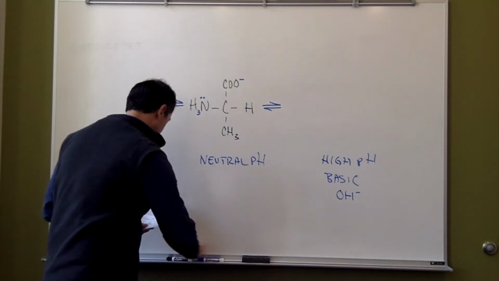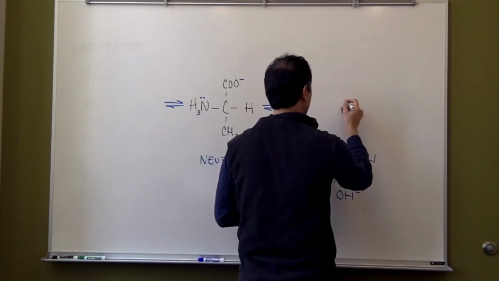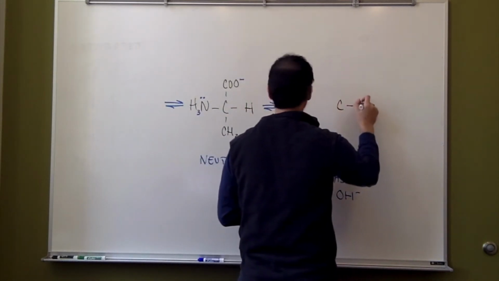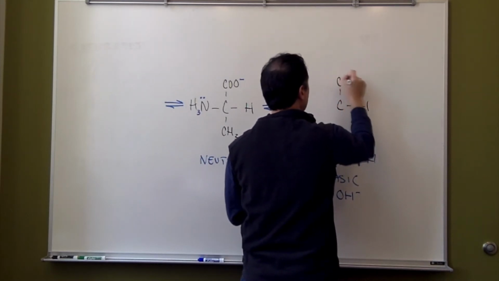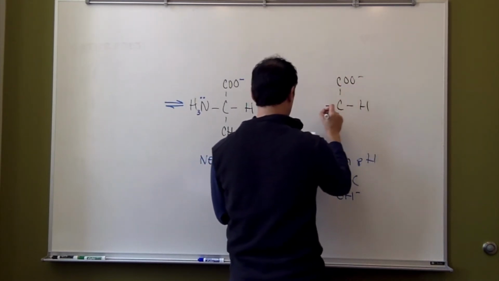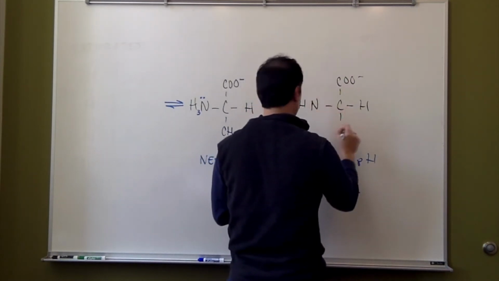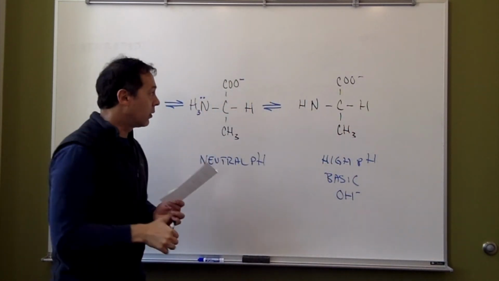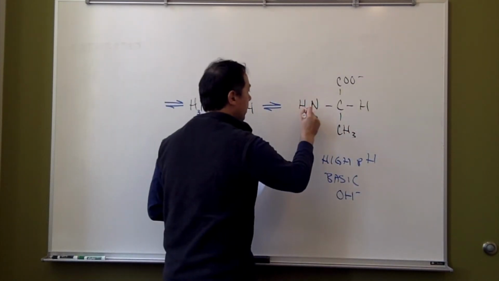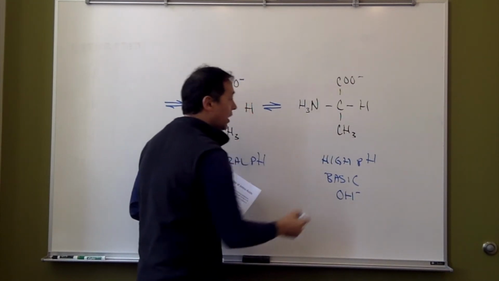So what happens to our structure here? Well, our structure stays mostly the same. Let's see, hydrogen here, C double bond, and H like this, and then CH3. Okay, now in this example here, where we have a very basic solution, we have lots of OHs.